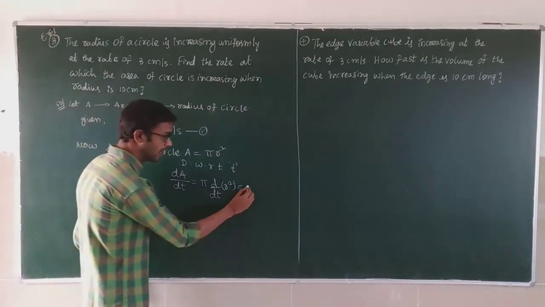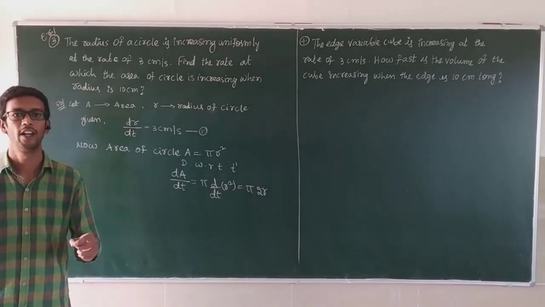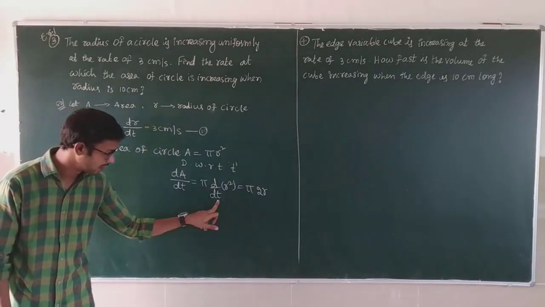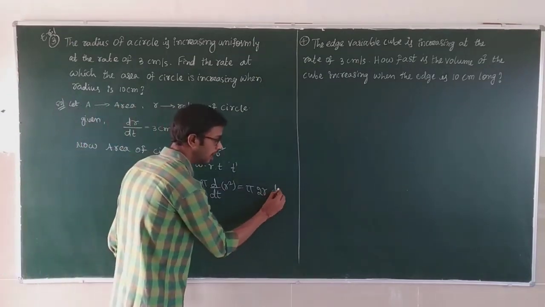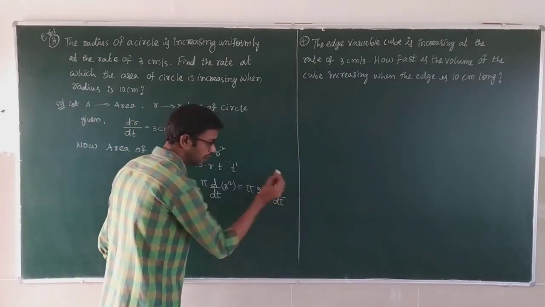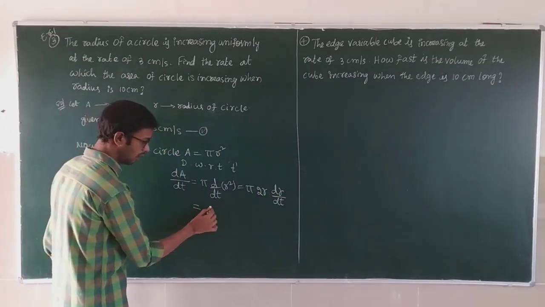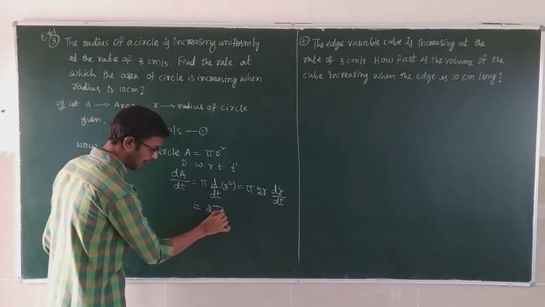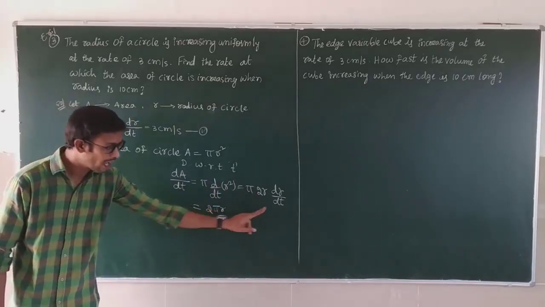What is the derivative of r square? It is 2r, and since r is a function of t, we write dr by dt. That is equal to 2 pi r dr by dt.